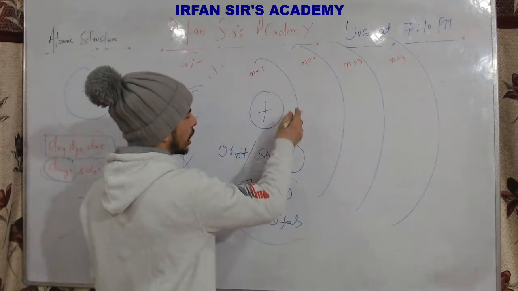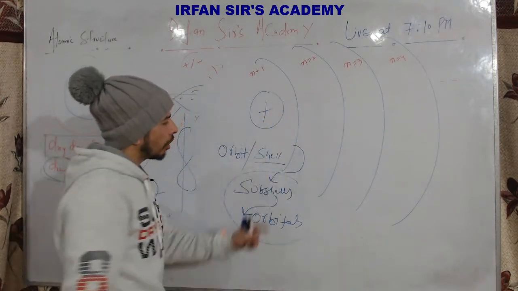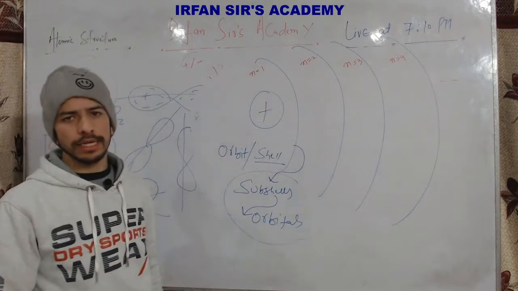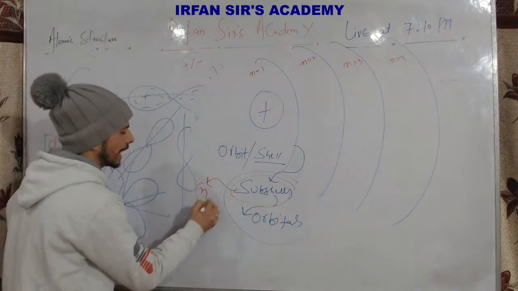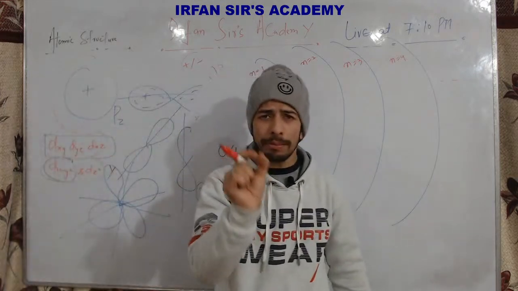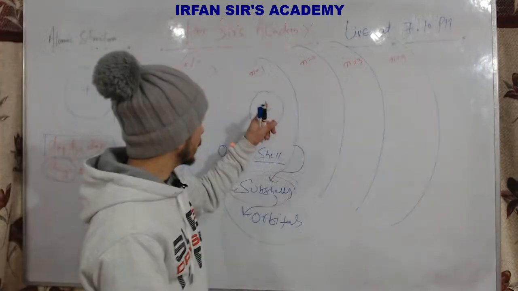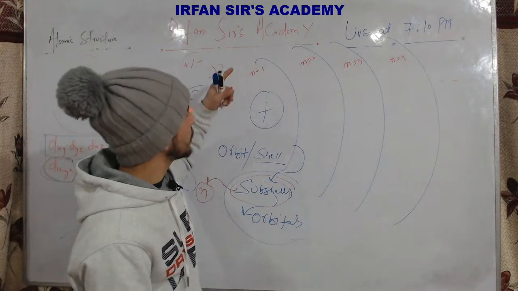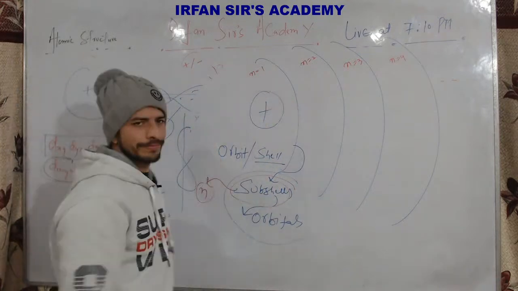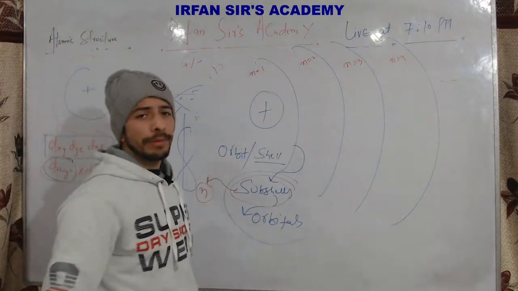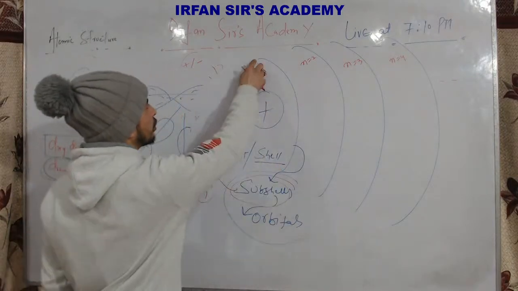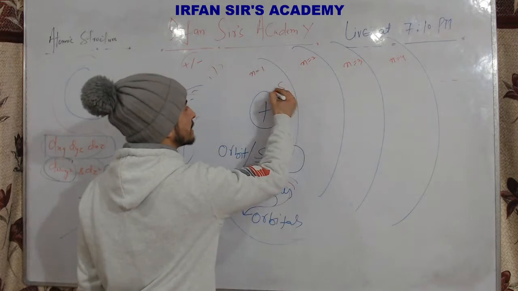Now one thing is, how many subshells are there? The number of subshells is the value of n. I will tell you. Sir, how many subshells are in the principal quantum number n equal to 1? In the first shell, it's the value of n, only one subshell, that's the S subshell.